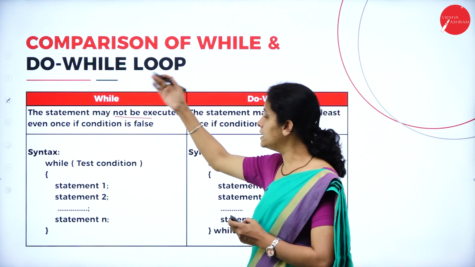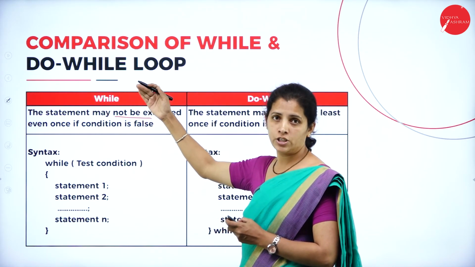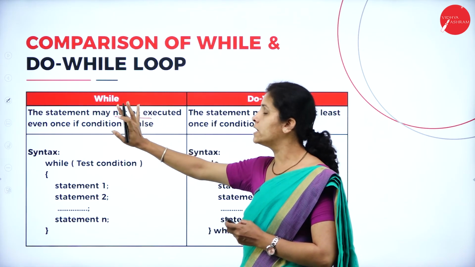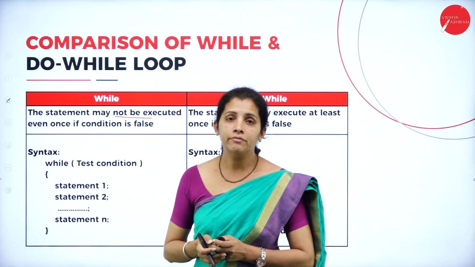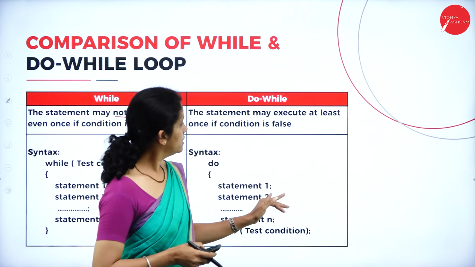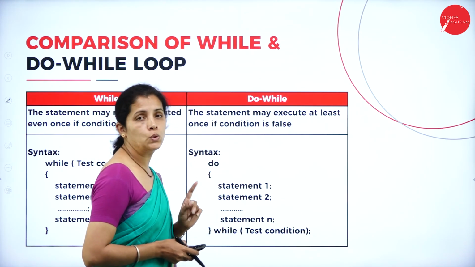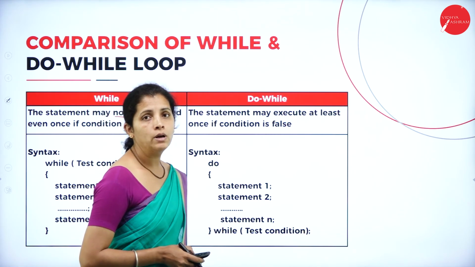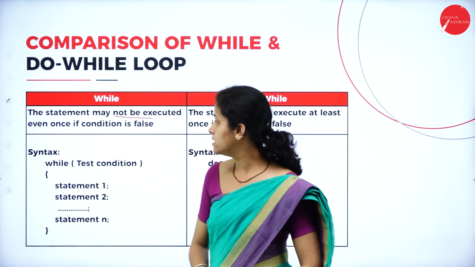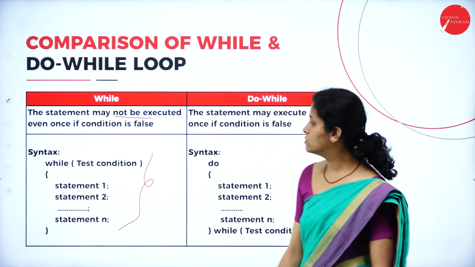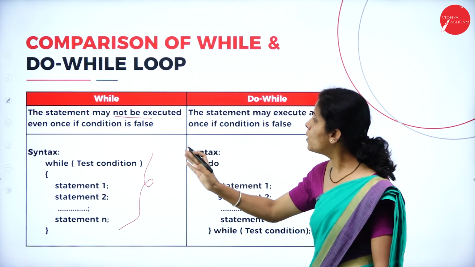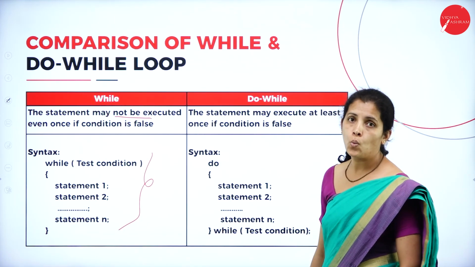That means if at the beginning itself the given condition fails, then it won't execute. But if I consider do while, if the condition fails, it will at least execute one time. Now, another difference here is the syntax. I want to write the syntax for while as well as do while.